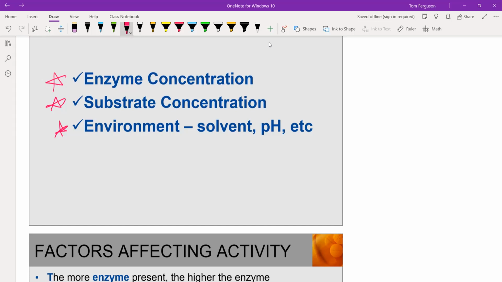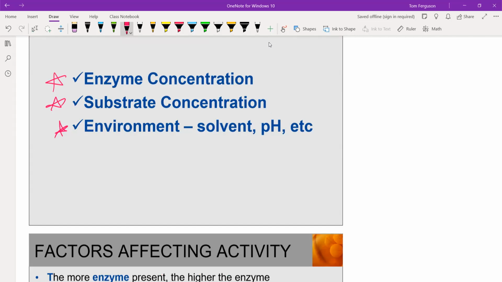Okay, so when you study chemical kinetics in either OChem or inorganic chem, like 401, for example, or 420, you talk about kinetics, what affects the speed of the reaction.